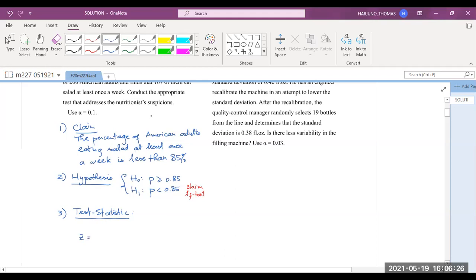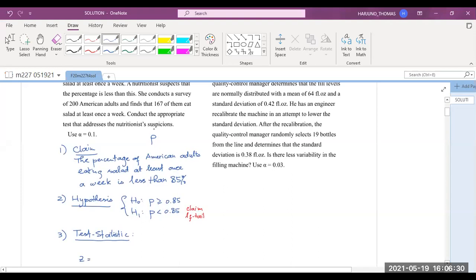Oh, what is the p-hat? P-hat is 167 over 200. That's 0.835.